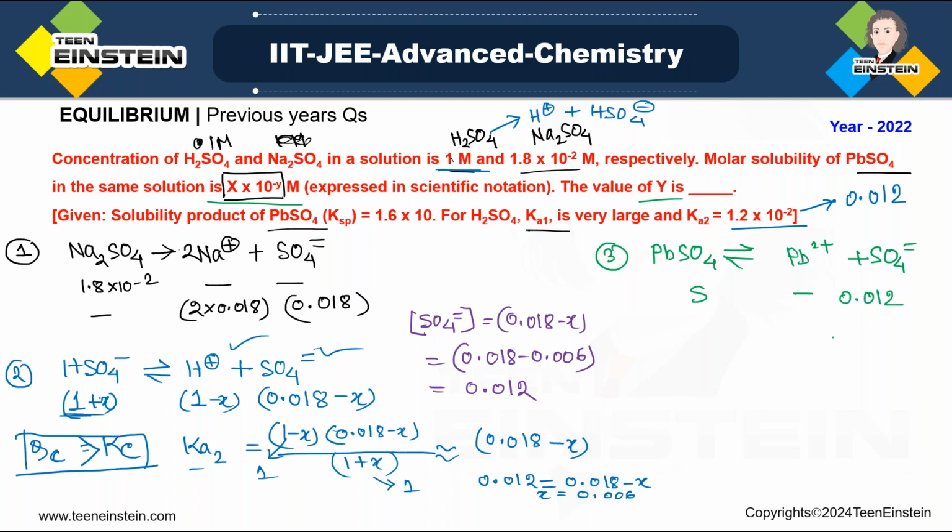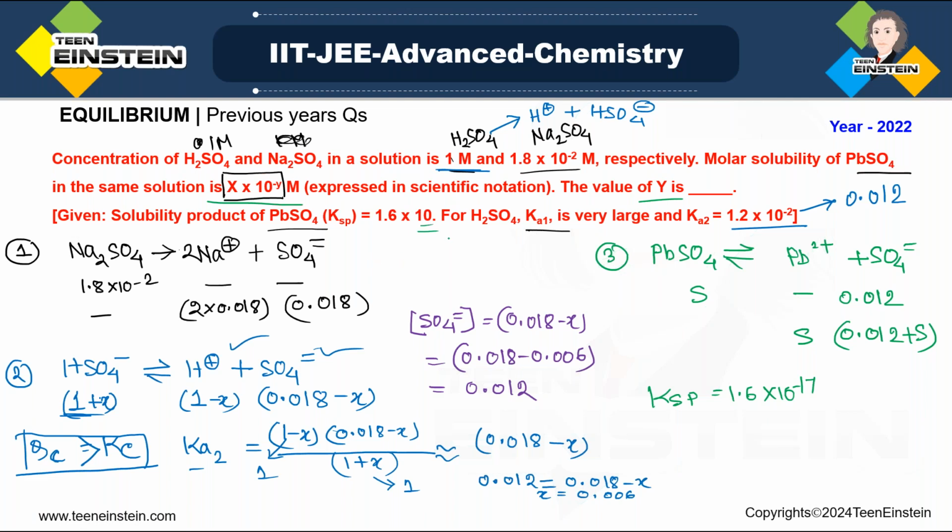But when we consider the solubility for Pb2 plus as S, then it will be 0.012 plus S. Now if we write the Ksp expression, Ksp is given as 1.6 10 to the power minus 8, so it is the solubility product.